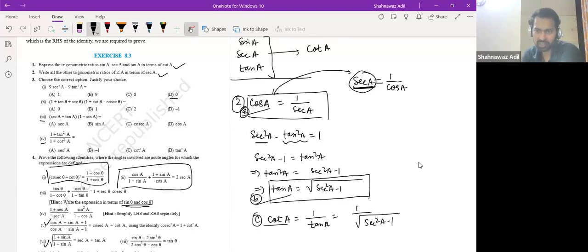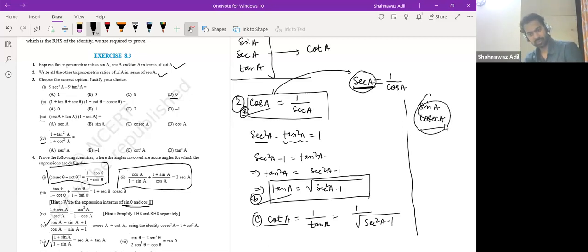Now what is remaining? Sine and cosec are remaining, right? Correct? So we want to calculate sine. If we calculate sine, then we can calculate cosec, correct?